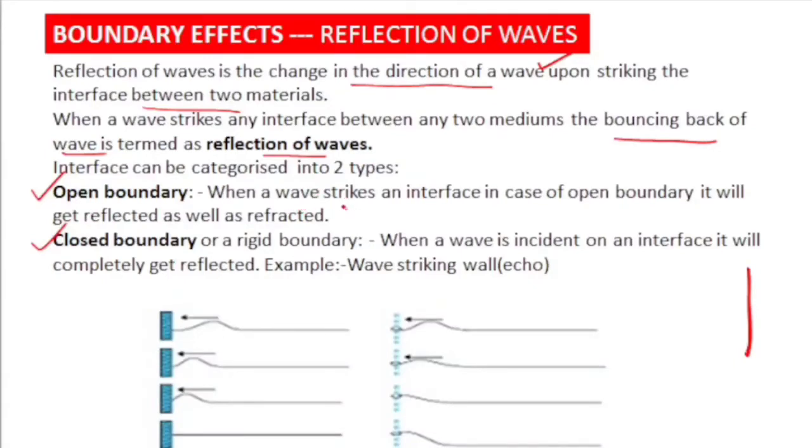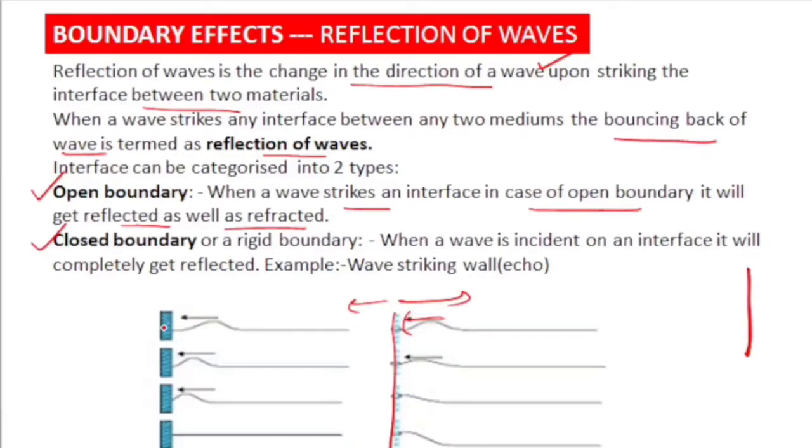Suppose this is an open boundary. When a wave strikes this open boundary, it will get reflected, and some part is also refracted.